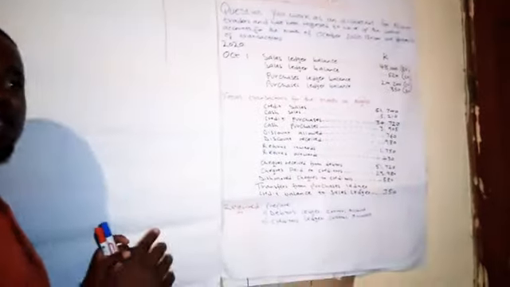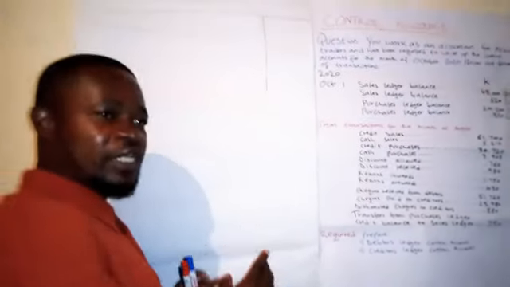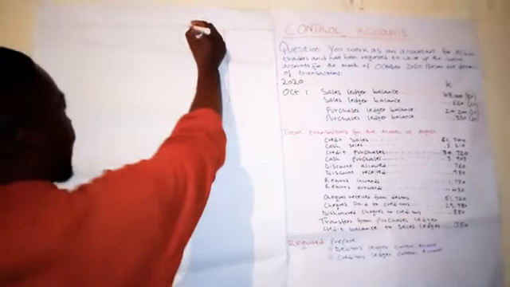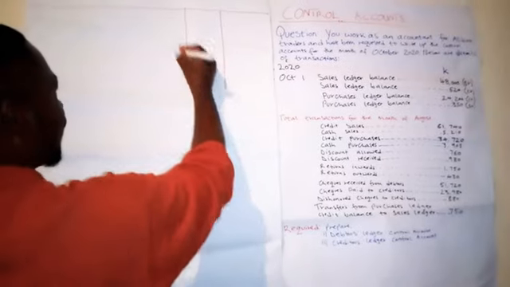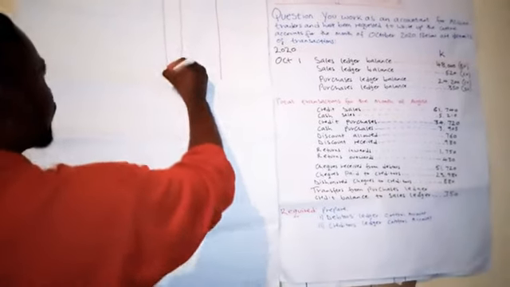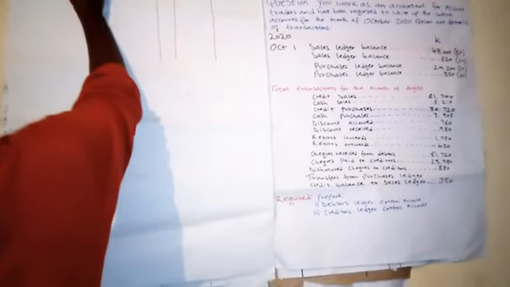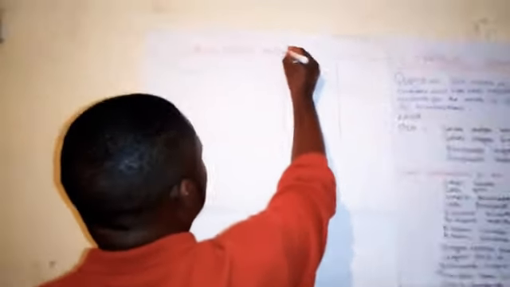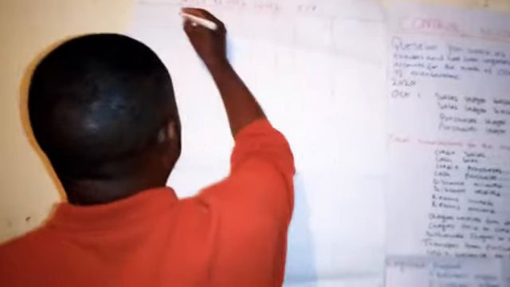So to help you, I'm going to prepare these two accounts simultaneously so that we see how we can be picking these items. Okay, so we have the sales ledger control account.